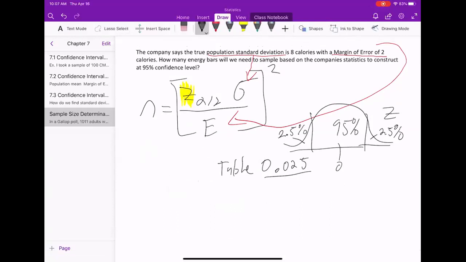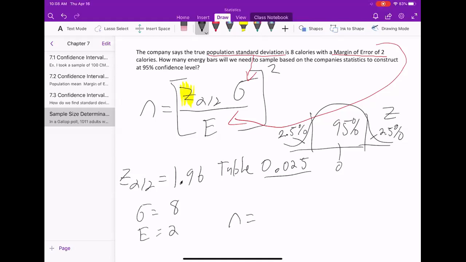So what do we get for our Z? 1.96. Perfect. So my Z is 1.96. My standard deviation is 8. My margin of error is 2.